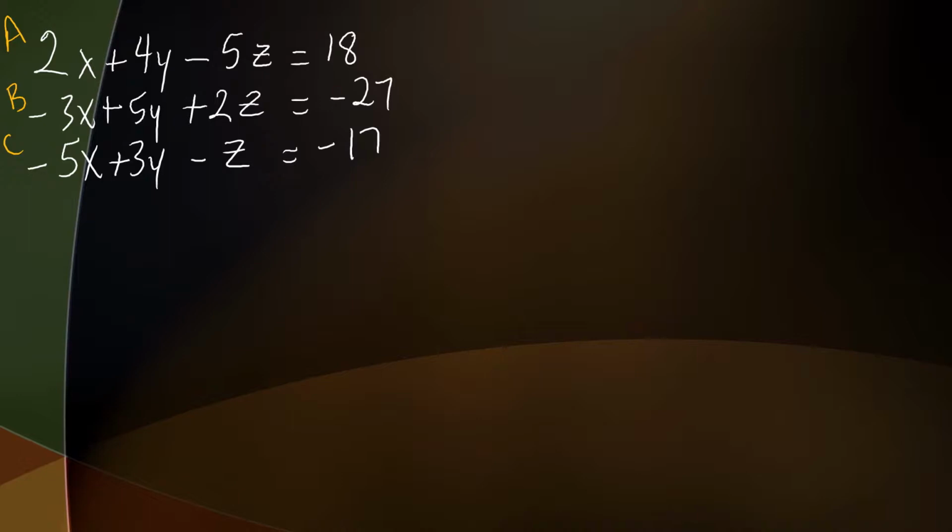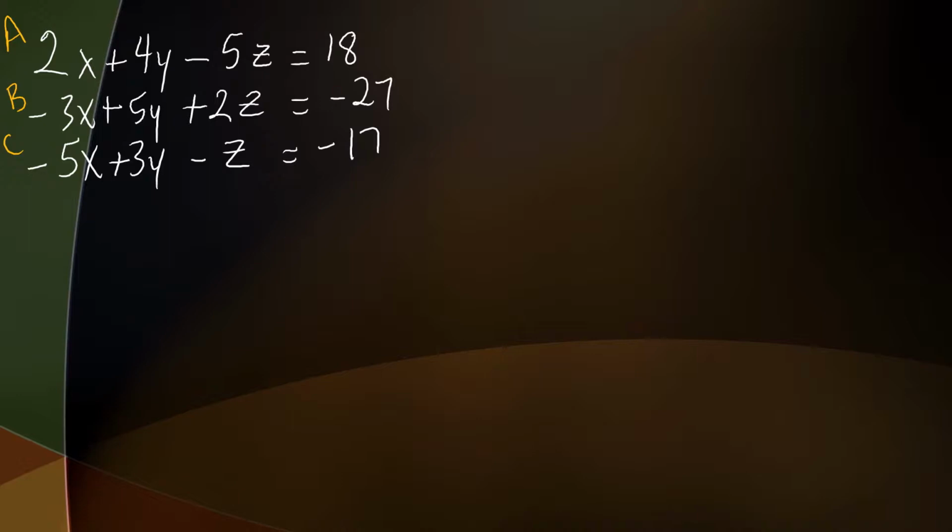Now, how I approach this and how you approach this could be somewhat different. This is not a rote memory way to go about doing things, except that in terms of the certain steps. So the way I'm approaching this problem at this point, I'm looking at these equations B and C, because I see I got negative 3x plus 5y plus 2z equals negative 27.